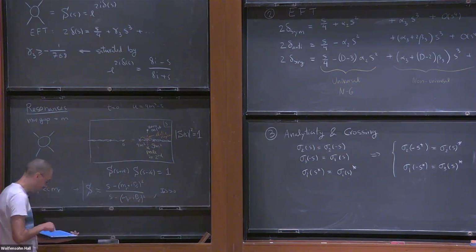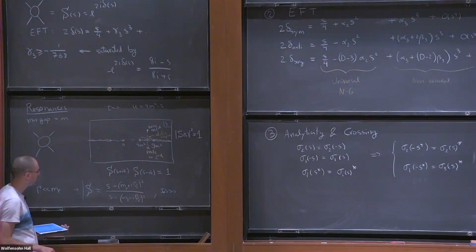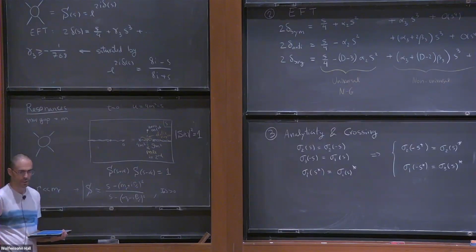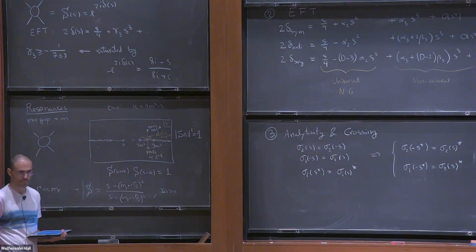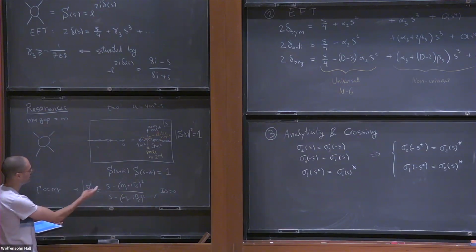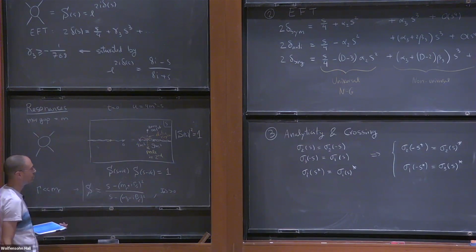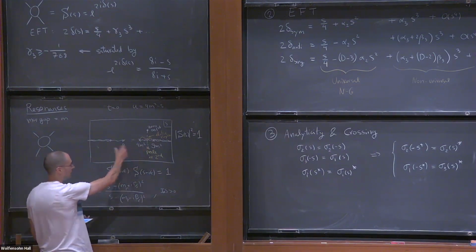Okay. Anyway, all this to say that, since I have no access to the second sheet, I will take as the definition of resonance a zero in the first sheet. And I will continue to use that definition even in the massless limit where the elastic region disappears.